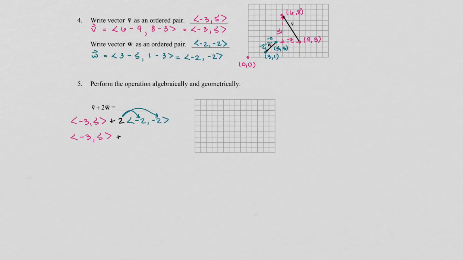plus, and I've multiplied the negative 2 in, so now I've got a modified w. This is negative 4, negative 4. And then when we add them together, you add the x's and add the y's.